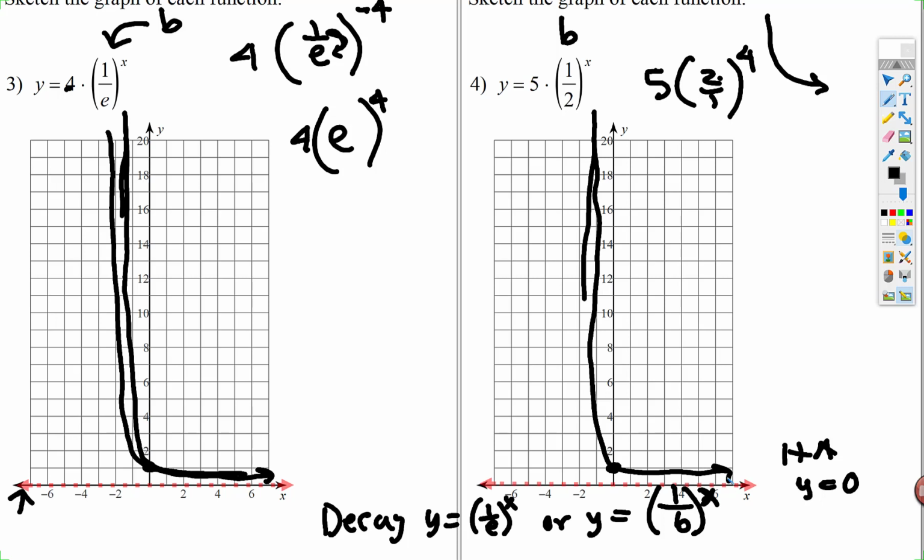Sometimes large cities start to see population declines. And when people are moving out of the big cities, these exponential functions are typically used to model that behavior.